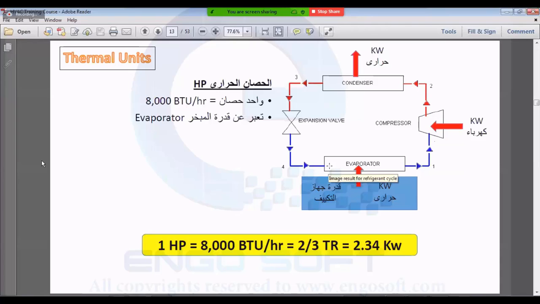Because 1 horsepower equals 2/3 ton, if we increase it to 1.5 horsepower, it will be 1/3 plus 2/3, which leads to 1 ton refrigerant. So the split unit installed in your room is 1.5 horsepower, which is equal to 1 ton. Understand?